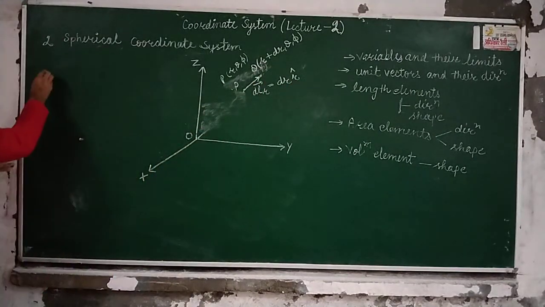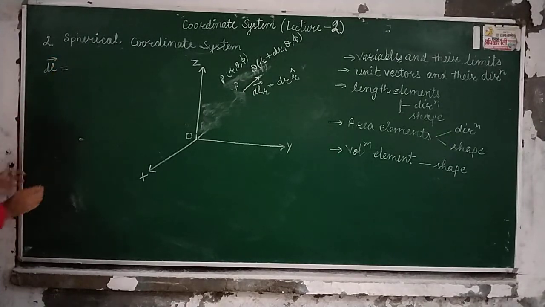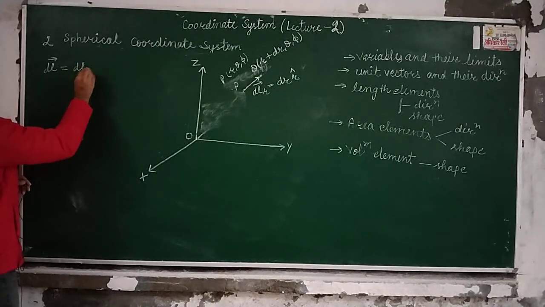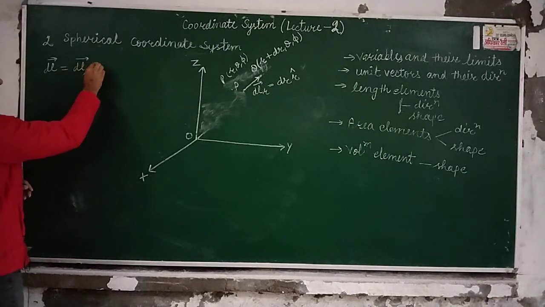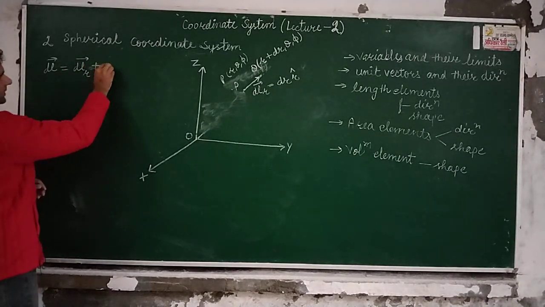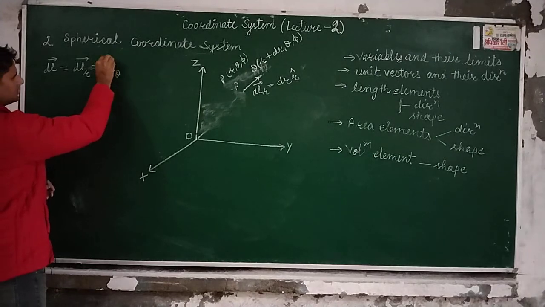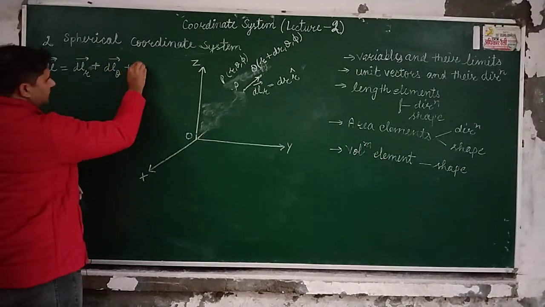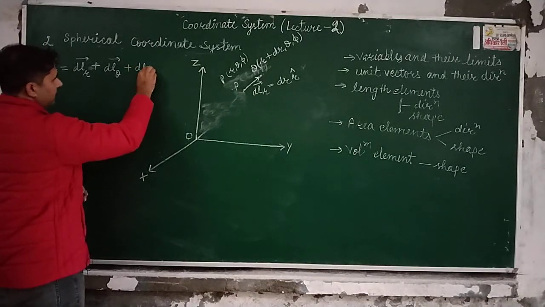If we write the length element along various directions, then it will be dlr, vector dlr, then dl theta, the length element along the theta direction, and then the length element along the phi direction.